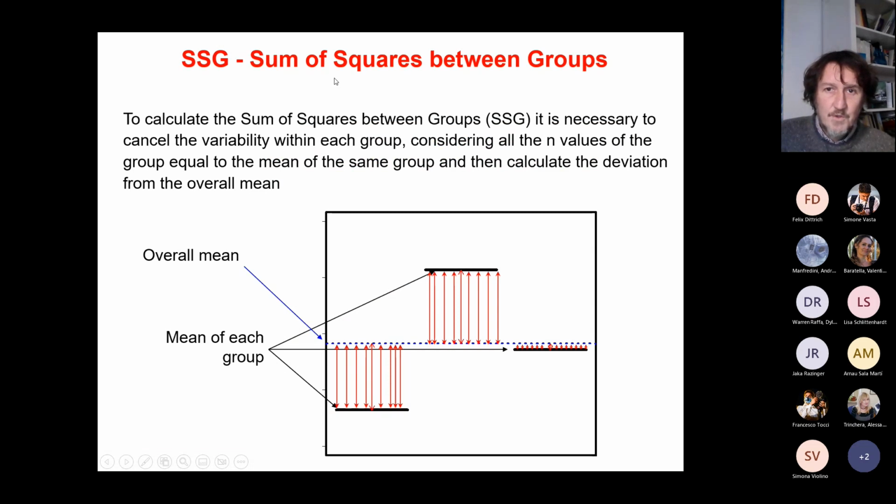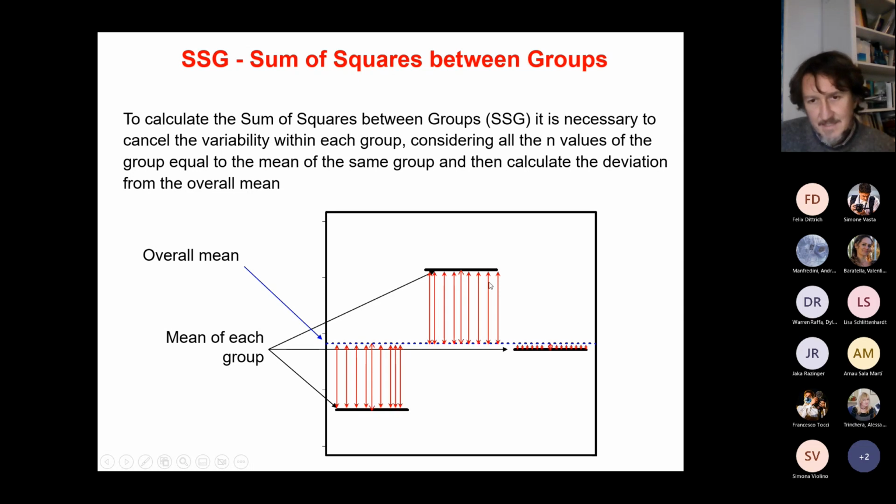What about the sum of squares between groups? This could be quite difficult to understand graphically. However, you have to figure out that you have an overall mean, the one that we observed with the total sum here, the blue dashed line, and the mean of each group.